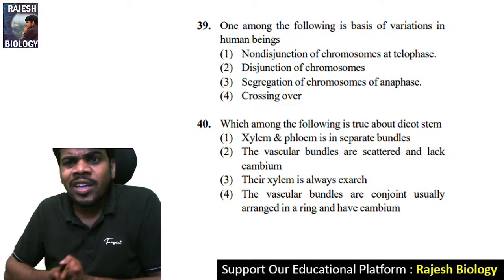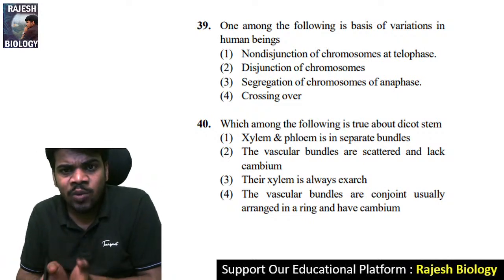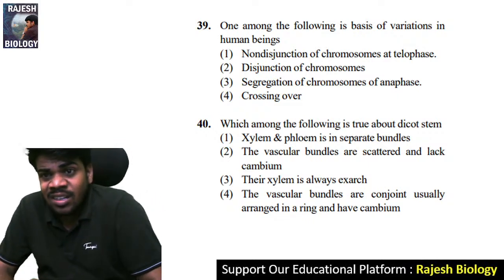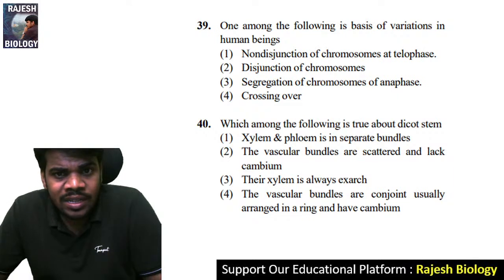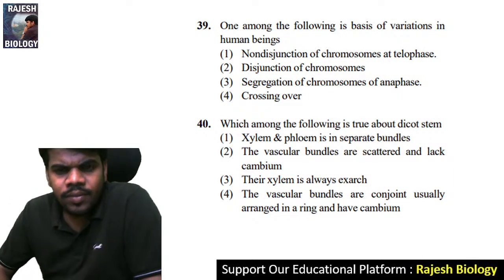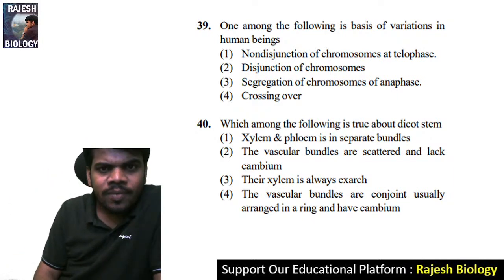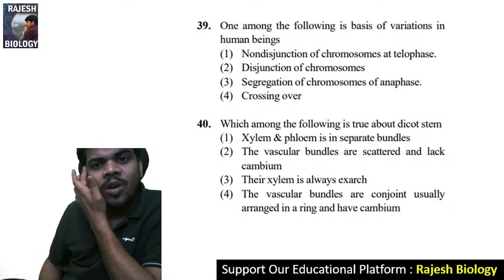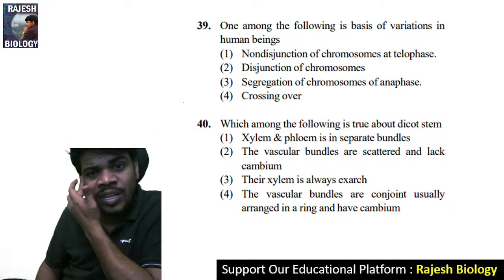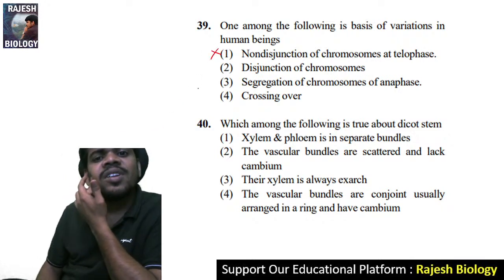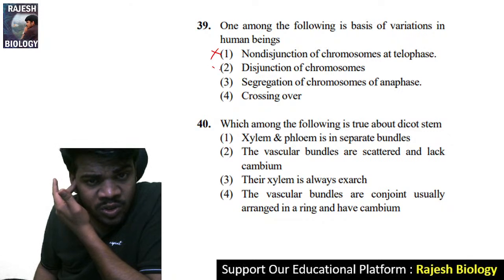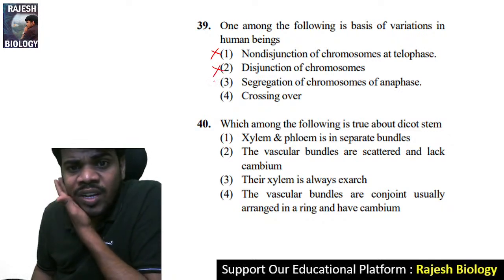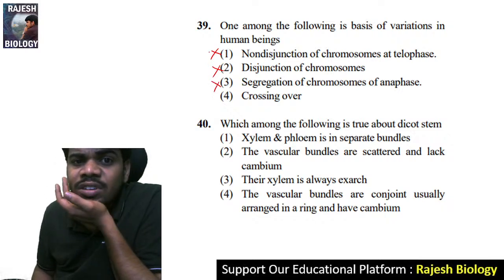One among the following is the basis of variations in human beings. It is from zoology, so we can simply solve this question. Non-disjunction of chromosomes at telophase, wrong. Disjunction of chromosomes, wrong. Segregation of chromosomes at anaphase, wrong.